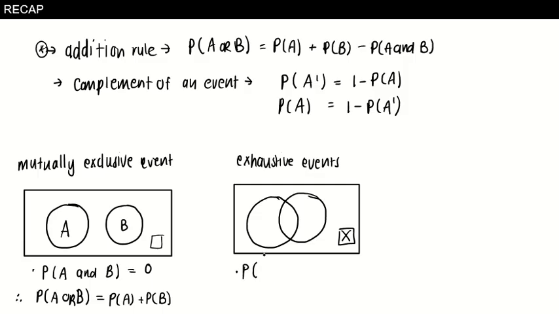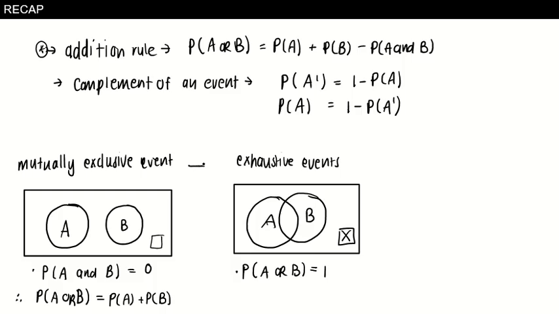So in this case, if that's A and that's B, the probability of A or B would always equal 1. It's 100% that, let's say, you can either take math or math lit, there's no one that is an outlier. You need to take math or math lit. There's no outliers in that case.